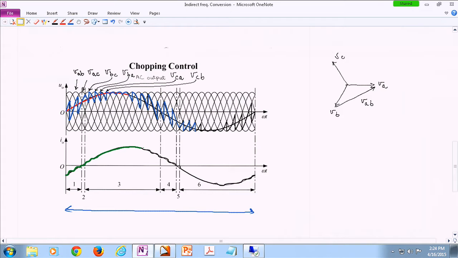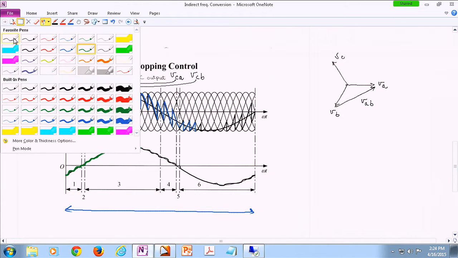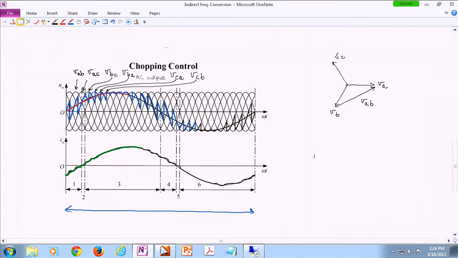So the application would be, remember, this doesn't work everywhere, usually we do it for high power applications. High power, low speed, like motor drive.